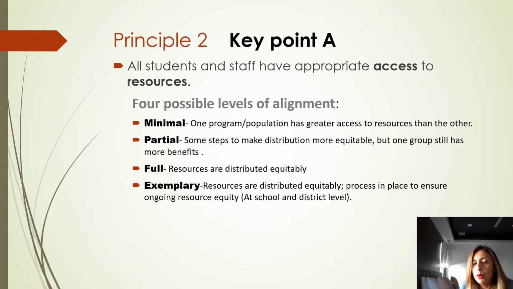At the partial level, some steps are taken to make distribution more equitable, but one group still benefits more. At the full level, resources are distributed equitably. And at exemplary levels, the resources are distributed equitably, with a process in place to ensure ongoing resources are equitable at the school and at the district level.